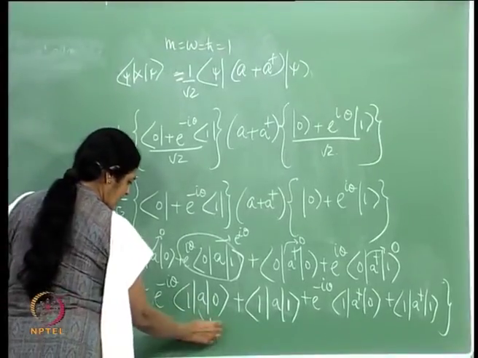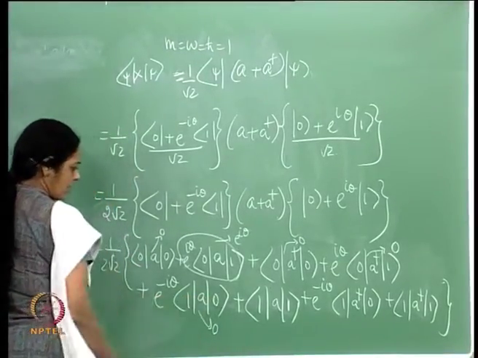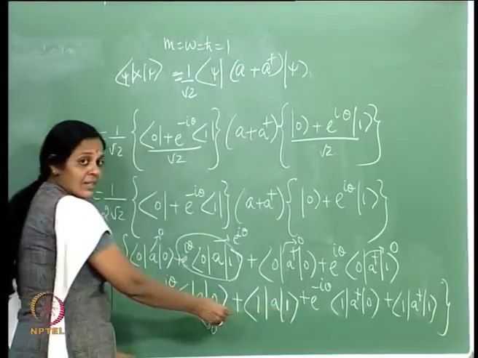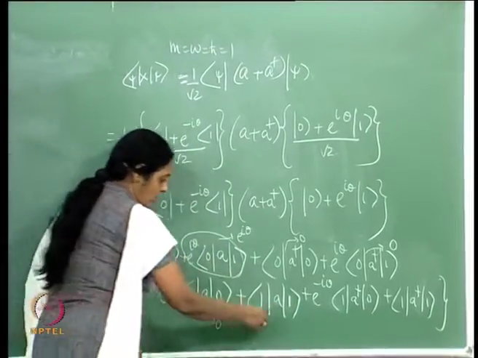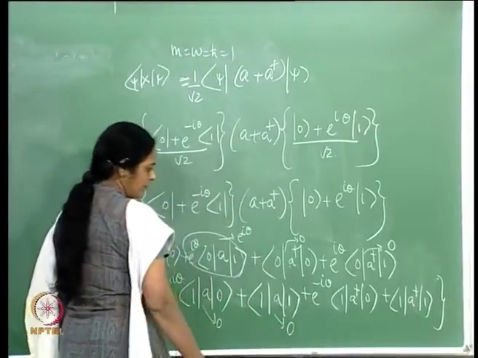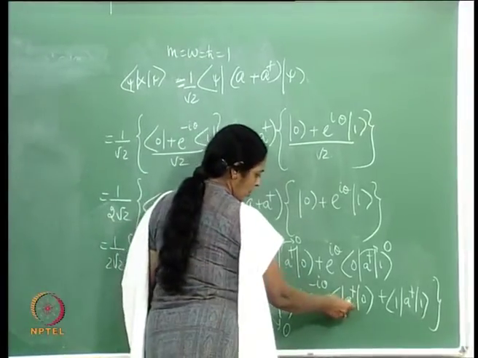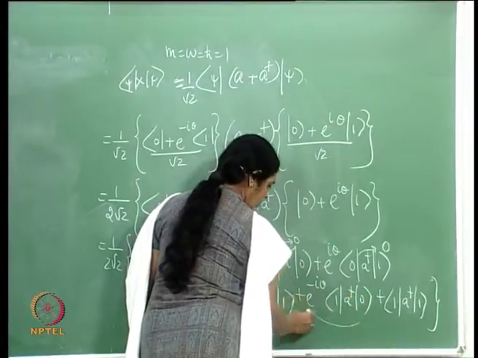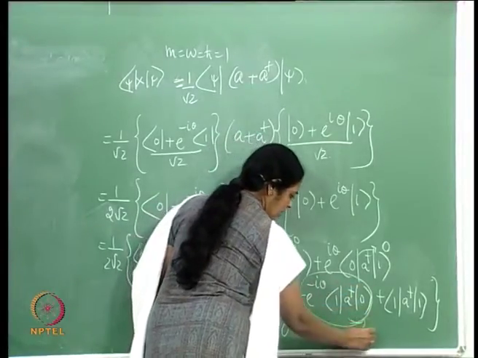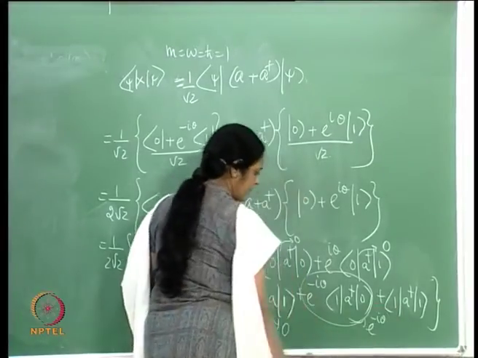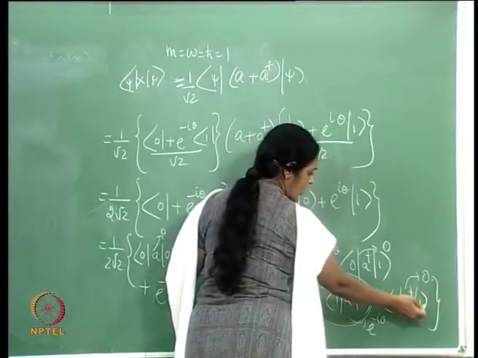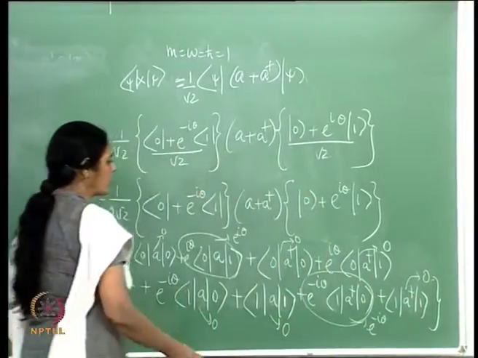This annihilates the vacuum or the ground state and therefore, it is 0. This brings it down to the ground state and because ket 1 and ket 0 are orthogonal, this is 0. This contributes because a dagger on ket 0 is root 1 ket 1. So, this whole term is simply e to the minus i theta. This is 0 because this takes it to ket 2 and ket 1 and ket 2 are orthogonal to each other.